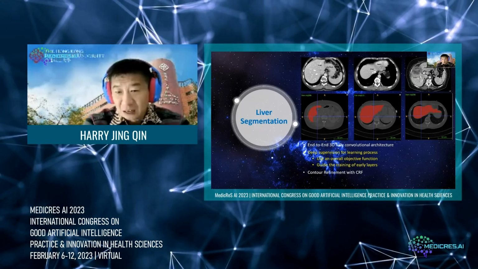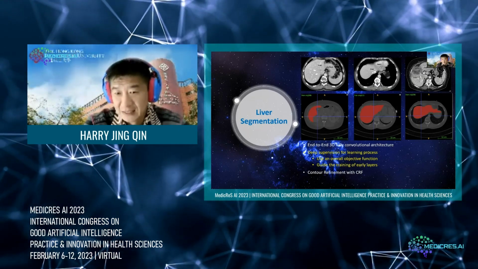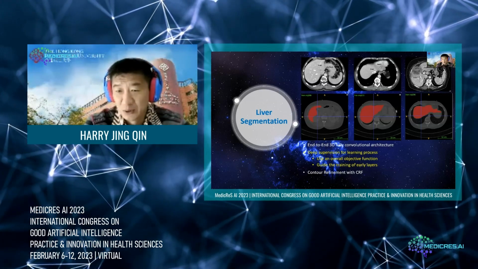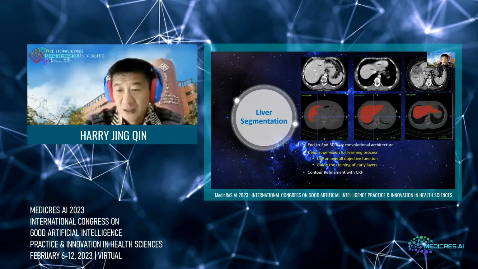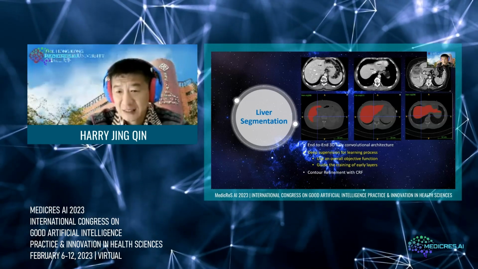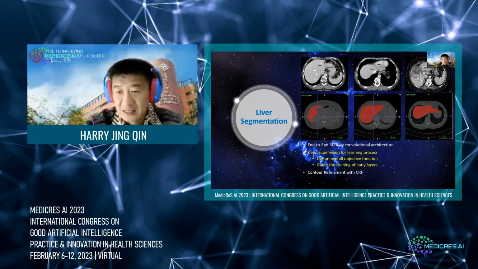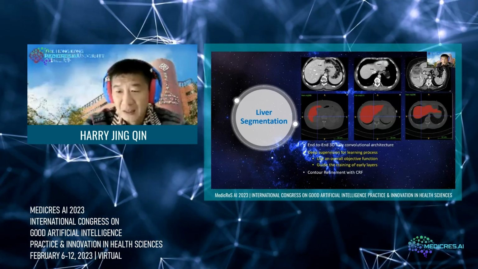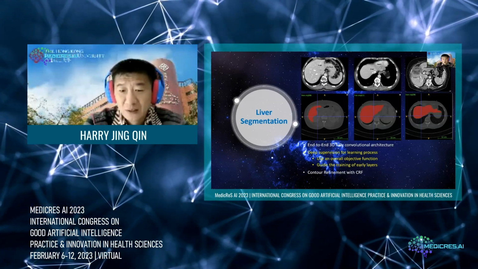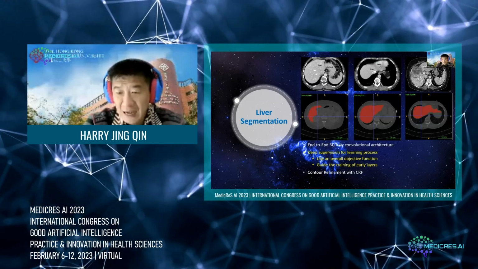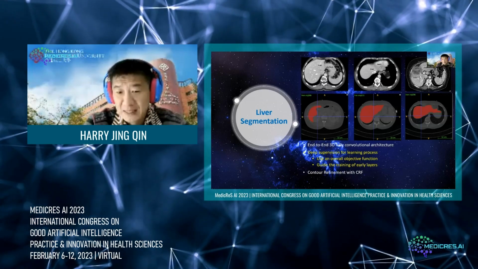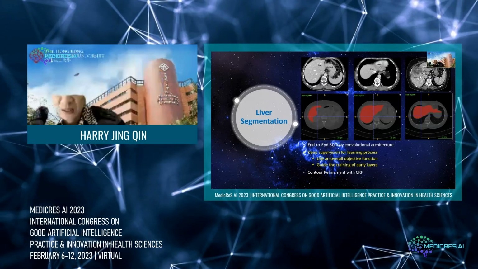However, this task also faces a lot of challenges. The first challenge is the low contrast between the liver and the adjacent organs. The second challenge is the existence of various pathologies such as tumors and cirrhosis. The third challenge is that there is a large variation of interpatient shape as well as intrapatient shape in different slices and angles.